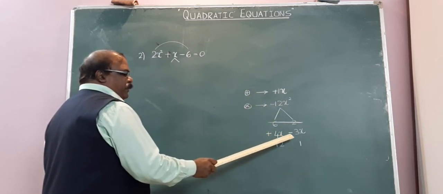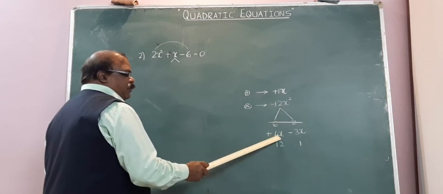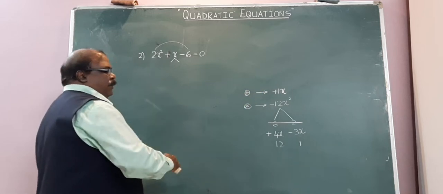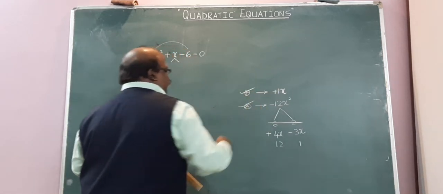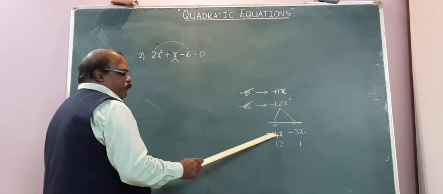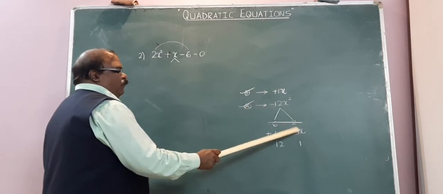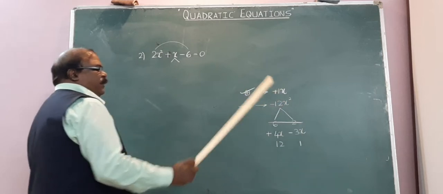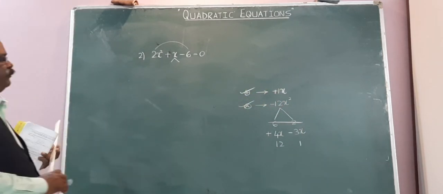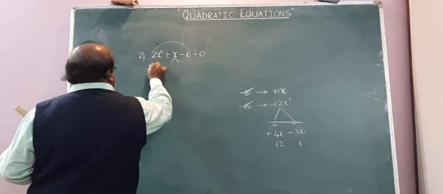When you multiply plus into minus, minus, 4 threes are 12, x into x, x squared. Both my conditions are fulfilled. So my splitting factors are plus 4x and minus 3x.